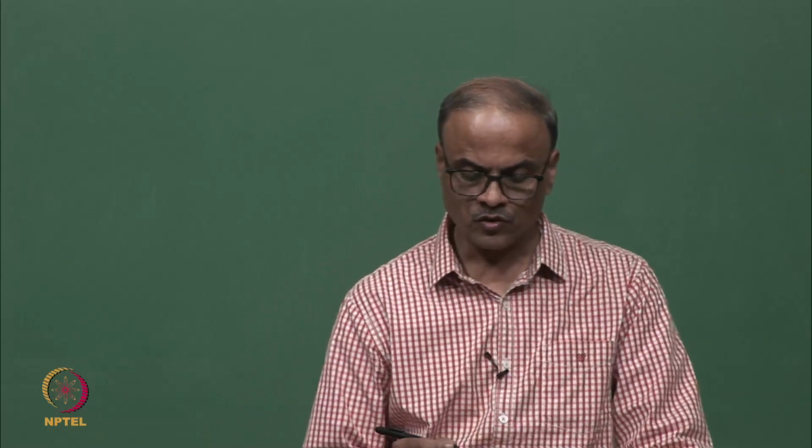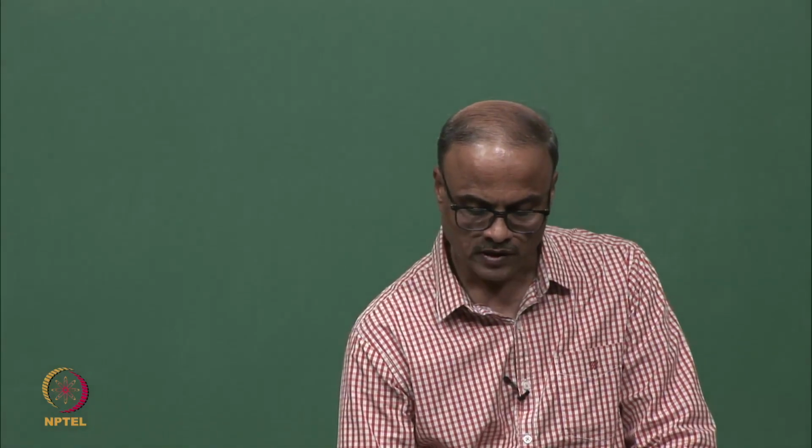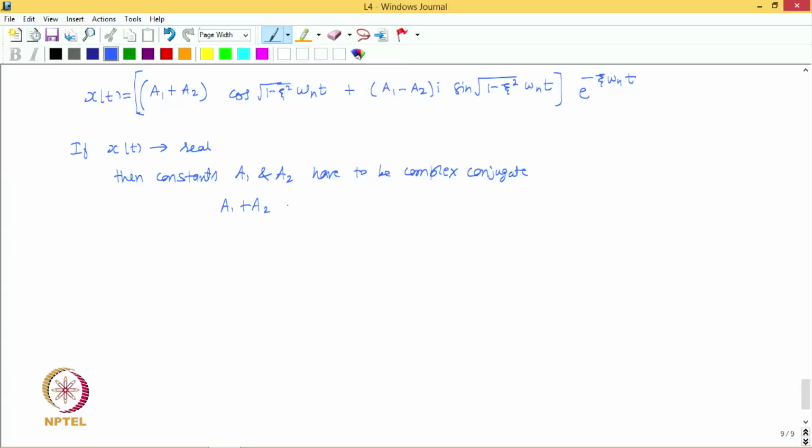When they are complex conjugate, A1 plus A2 would be a real number, because the imaginary parts would cancel out, and let us represent that as some constant D. Similarly, A1 minus A2 times i would again be a real number, because A1 minus A2 would be an imaginary number, and that multiplied by i would be real.